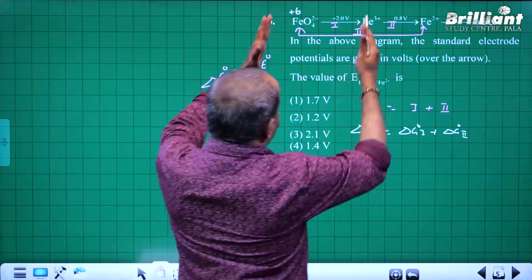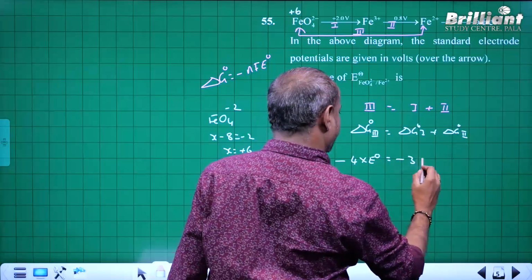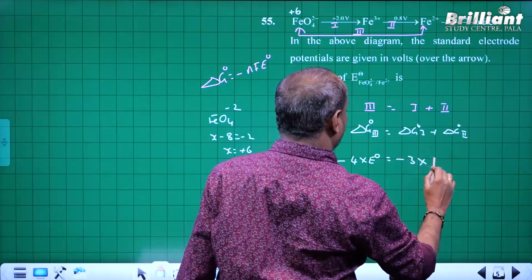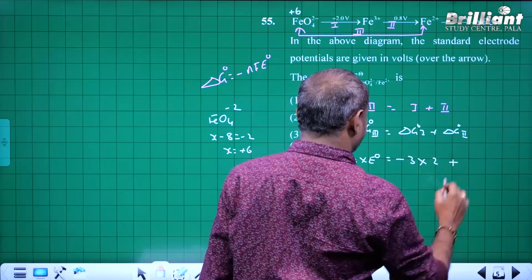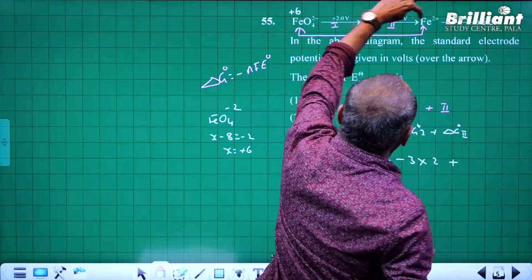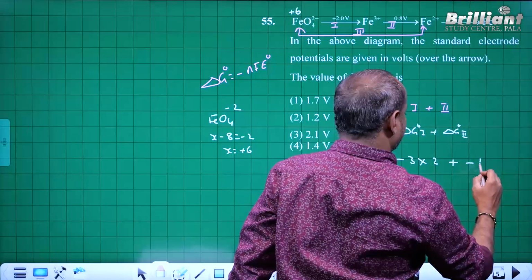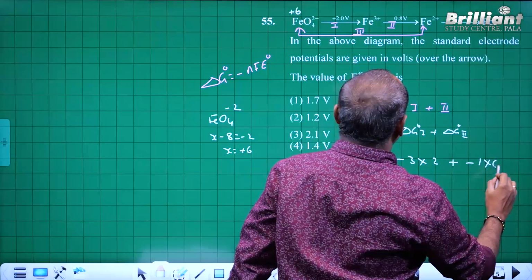First step: 6 to 3, n is 3, E0 value 2. Plus second step: 1 only, 3 to 2, E0 value 0.8.